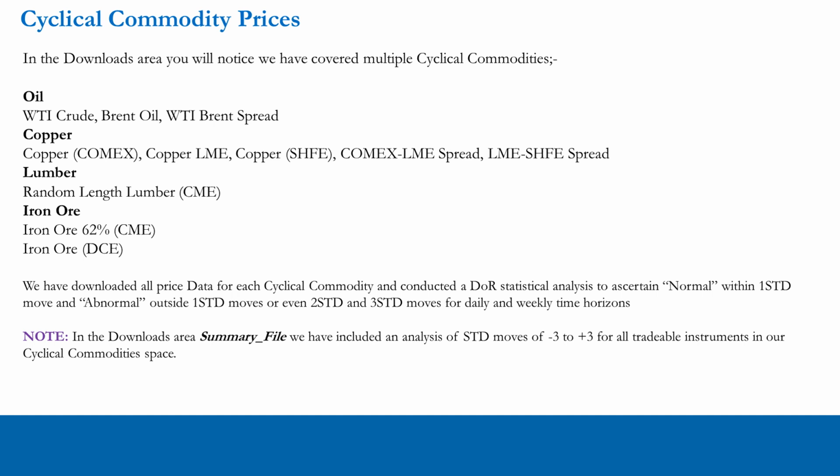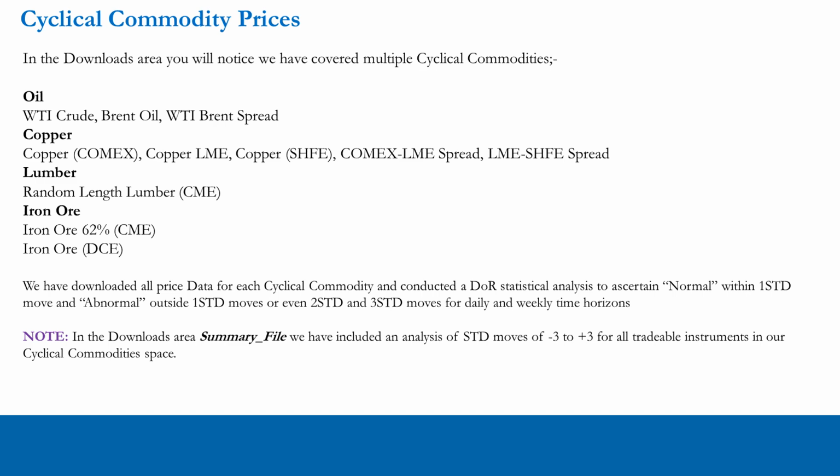In the downloads area, in the sheet for cyclical commodity prices, you're going to notice that we've covered a whole bunch of them. So we've got oil, copper, lumber, and iron ore. So in oil, we're covering WTI and Brent and the WTI Brent spread.